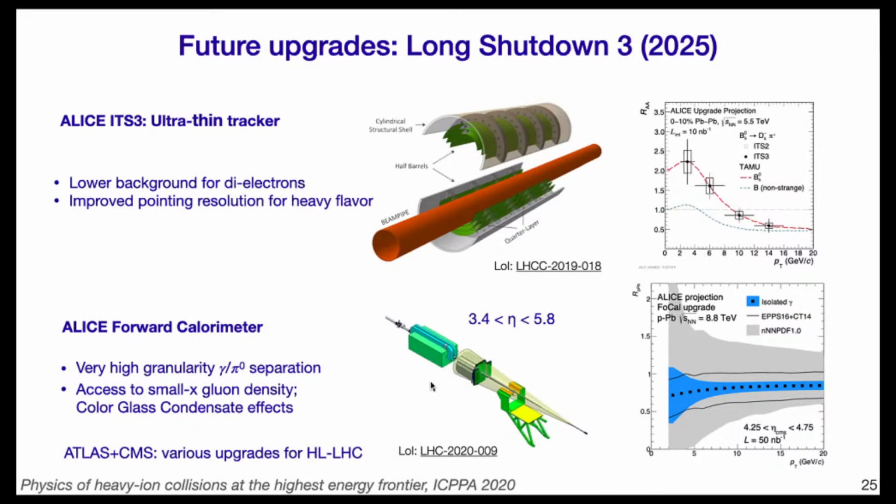That gives information on the small-x gluon density in the proton, but in particular also in the nucleus, which is also an interesting connection to cosmic ray physics, where some of these uncertainties actually matter in the predictions of, for example, atmospheric neutrinos.